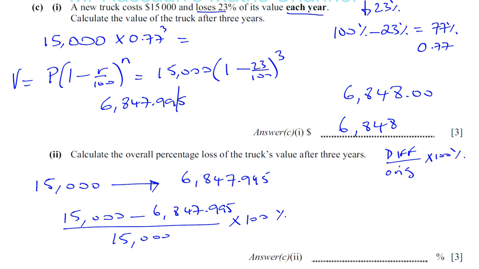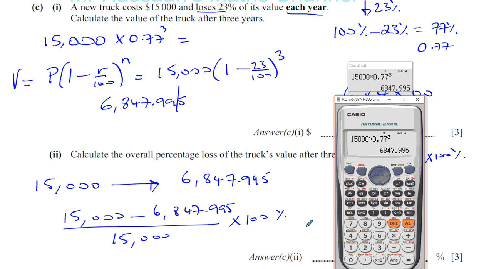So now, let's do this calculation. You've got this value in our calculator. So we're going to do 15,000 minus this value. That should be around, make sure that's the right one. Yeah, that sounds about right. Okay, divided by 15,000.